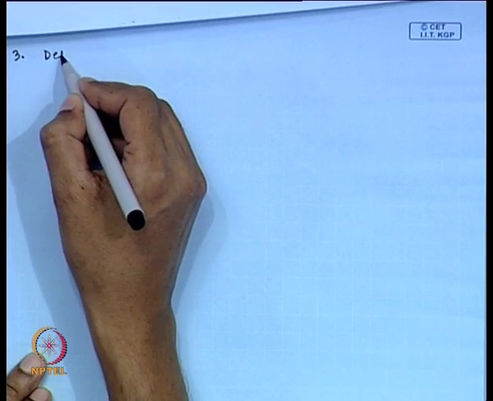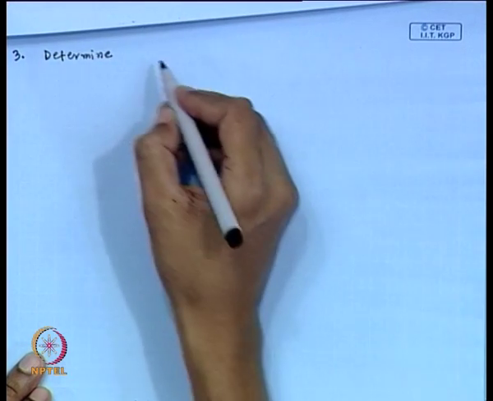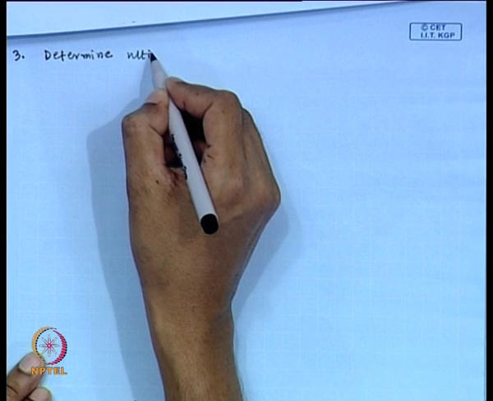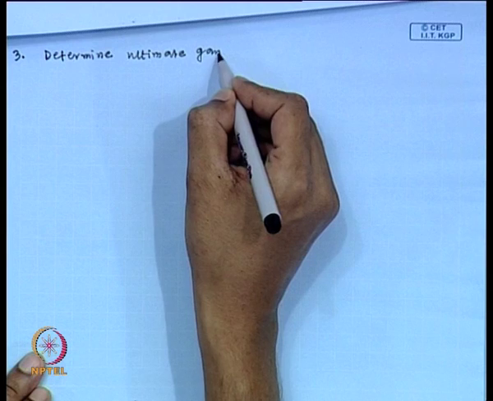Next, determine ultimate gain. You see the last point under second step, we have mentioned that vary Kc value so that we can obtain sustained oscillation.